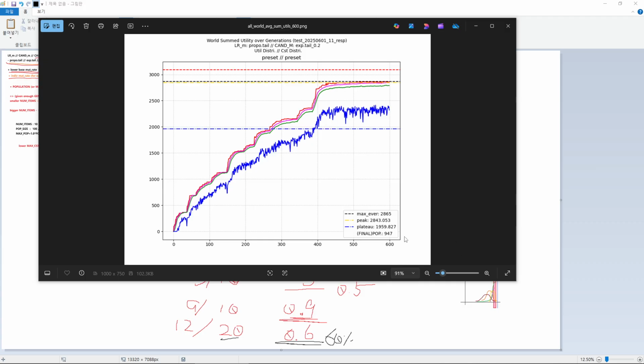So now it's 600 generations. That's good compared to the 1000 generations that you have to run and compute. 600 generations is a lot shorter.